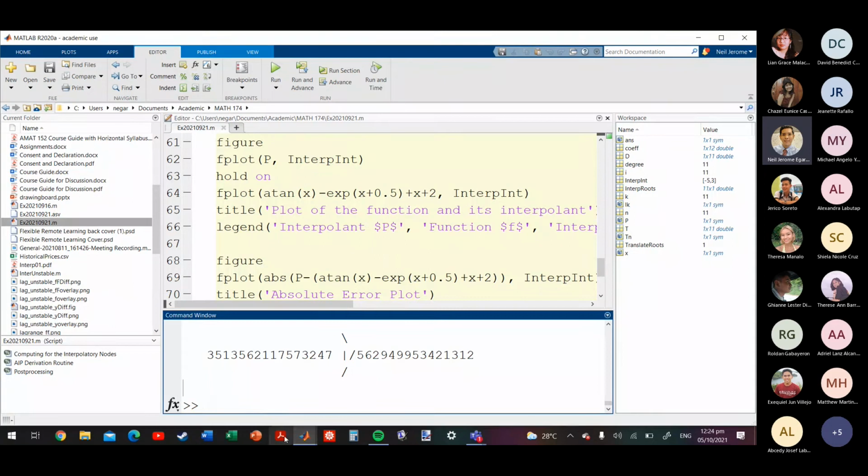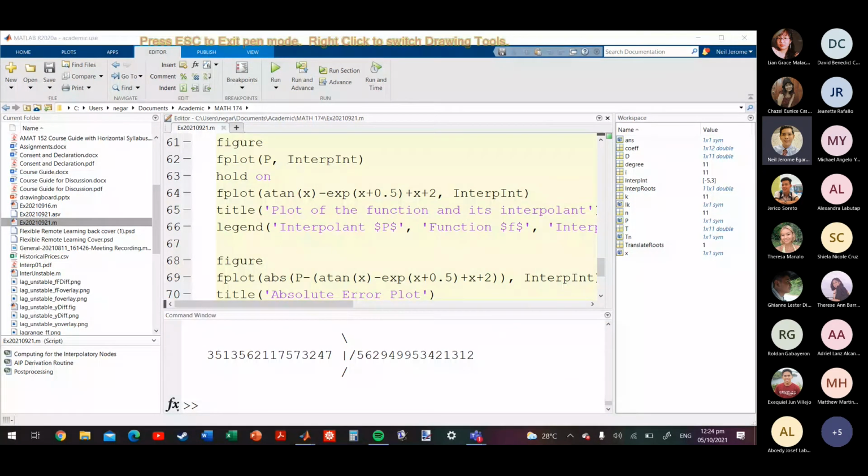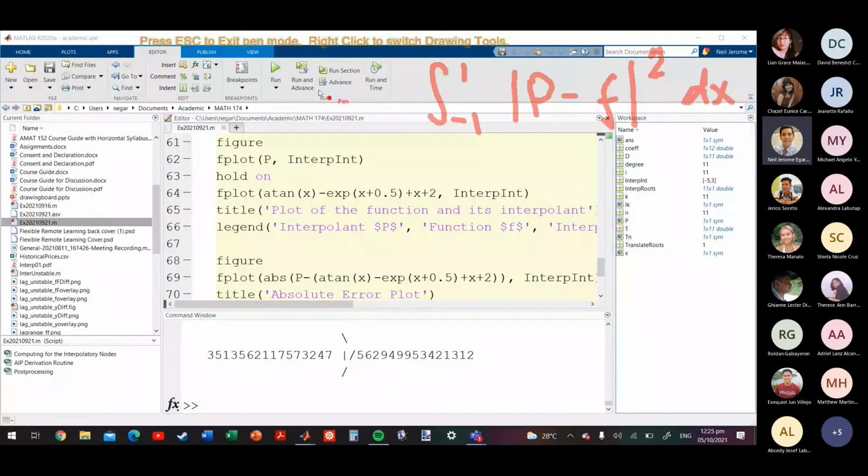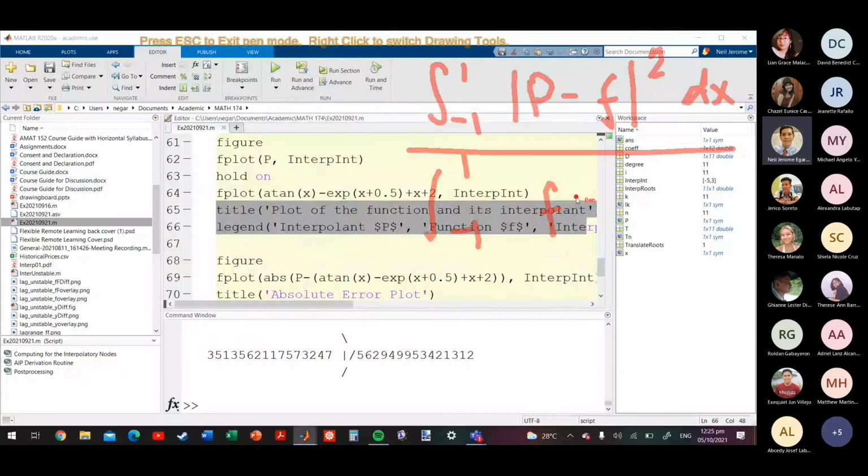So, ang L2 relative error is the integral over -1 to 1 ng function p minus f squared with respect to x, all over integral from -1 to 1 ng f of x squared dx. Sorry, wala yung pen ko para sa laptop. Pero anyway, and kunin niyo yung square root. Ito yung L2 relative error.